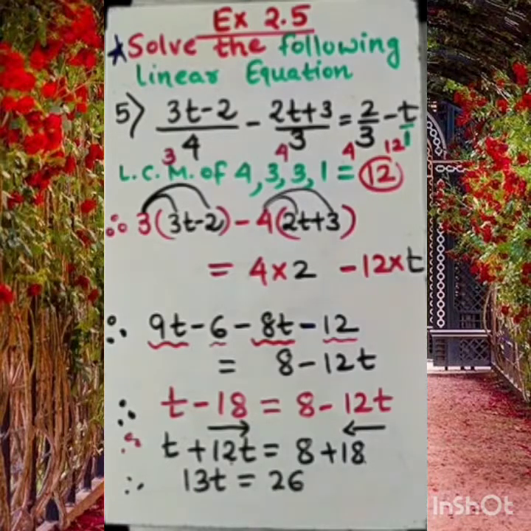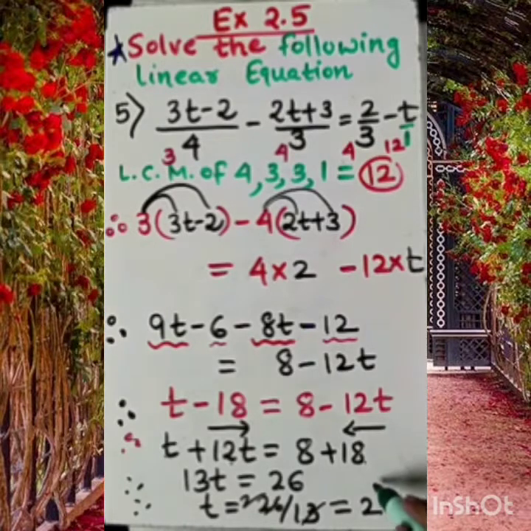The sum of 8 plus 18 is 26. Therefore, t equals 26 divided by 13. When 26 is divided by 13 it gives the result 2. So my dear student, 13 2s are 26. So the complete solution of this is t equal to 2. I hope up to here it is clear to you. So this is the fifth solution.